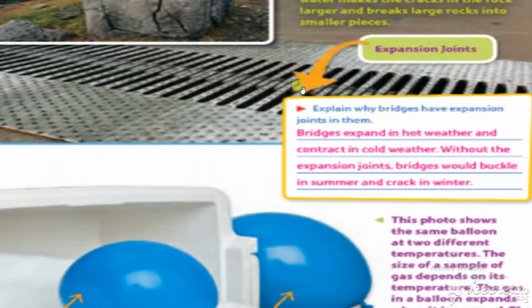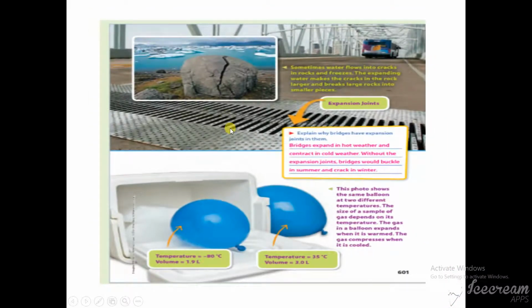So if you don't have these expansion joints, the bridges would buckle in summer and crack in winter. That's the reason the bridges must have some expansion joints in them.